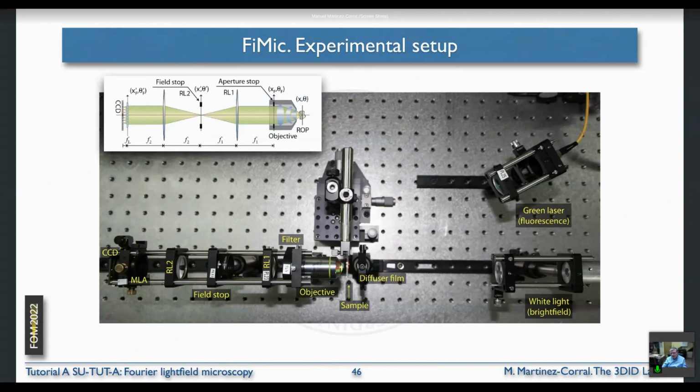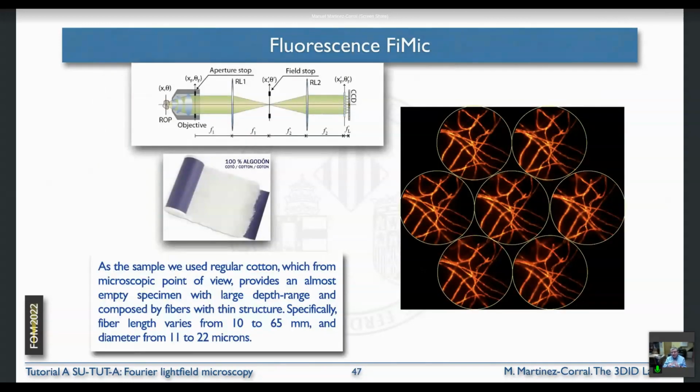For the case of white light illumination for Lightfield, we put here a diffuser film because it was very important to obtain illumination in which all the angles have the same weight, and this is for the green laser for fluorescence. Okay, this was our first. And these are, in fact, the result I showed you before.